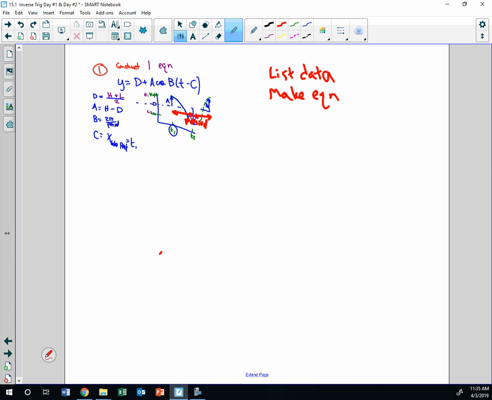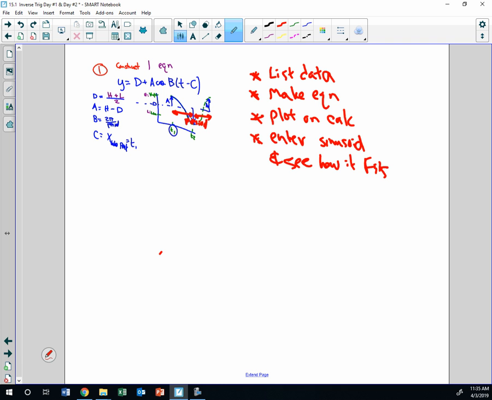Then I want you to plot on calculator or Desmos, and then enter the curve, sinusoid, and see how it fits. So you're going to list the data, make an equation, plot on the calculator, and then enter that. And you're going to do all of this for one equation.